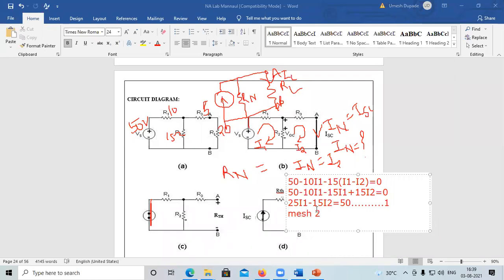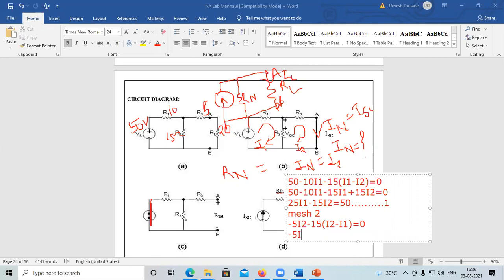We apply KVL. Write the value of resistance R3, that is minus 5 I2, minus 15 (I2 minus I1), it is equal to 0. Just simplify this.